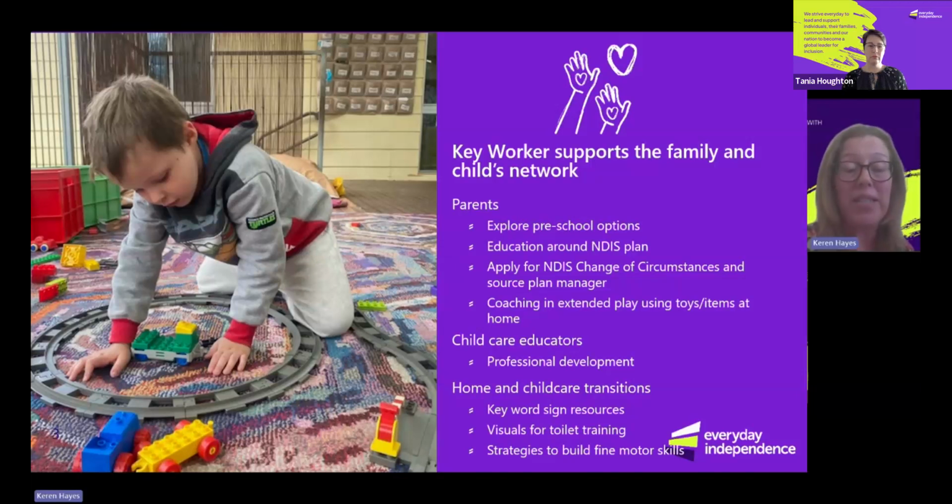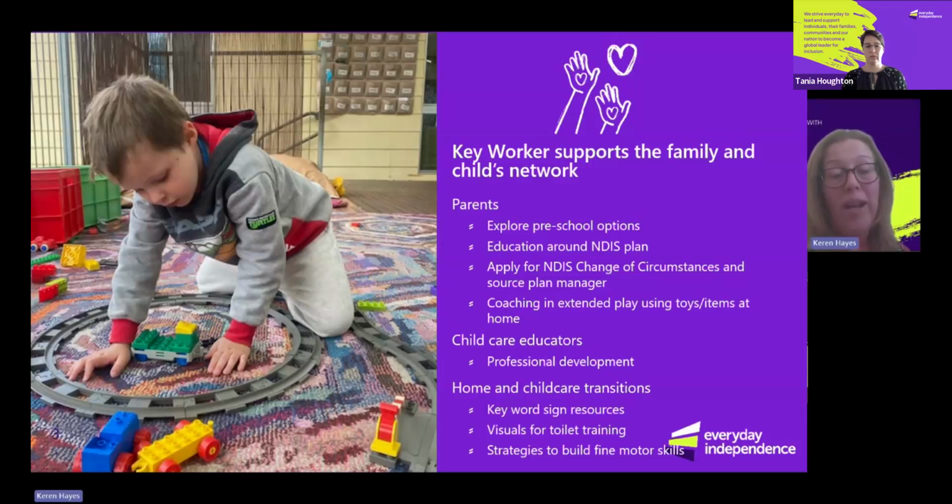Their plan was agency managed, which meant that there were some restrictions on the services that they could access. So after discussions around that and what the family were wanting to access, we agreed we were better off to apply to go plan managed, and I was able to support the family with that to make sure it was a smooth transition as well.